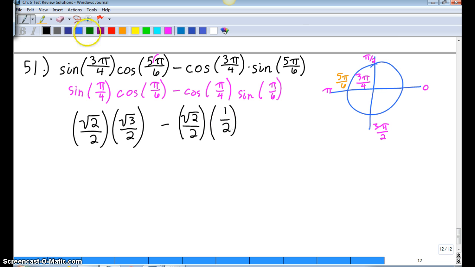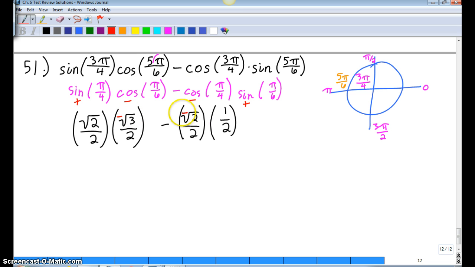Now we have to go back through and say, are any of these or all of these positive or negative? Anywhere we see sine we have positive in quadrant 2. Cosine's negative in quadrant 2. So I'm going to leave this alone as positive. This will be negative.